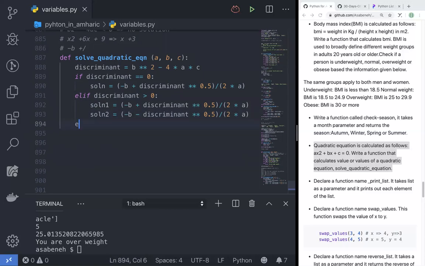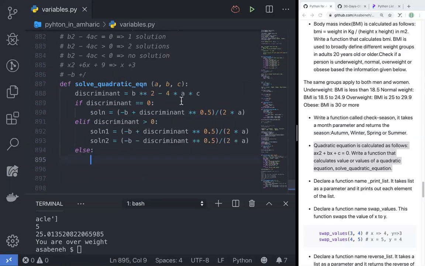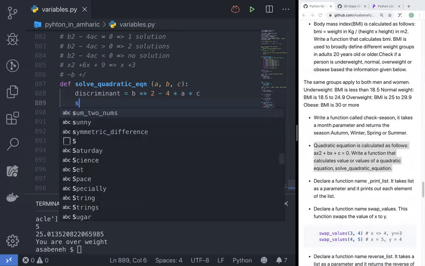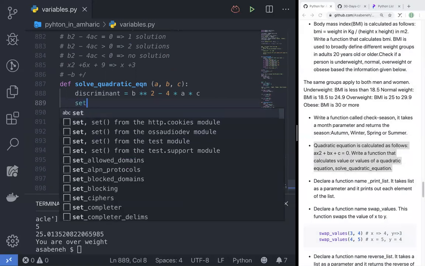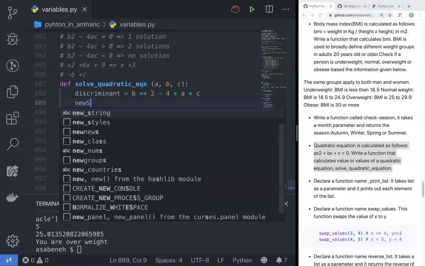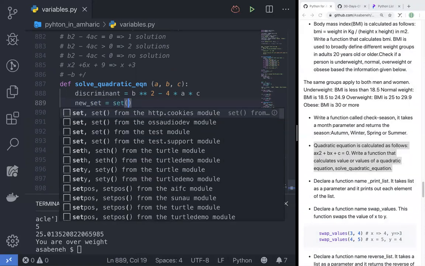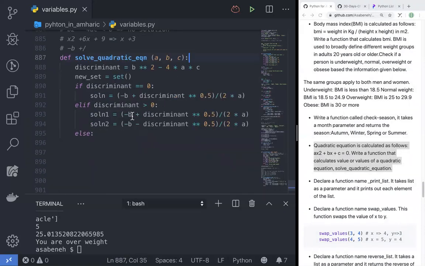Else, we are not going to have a solution set, and we will think about that.